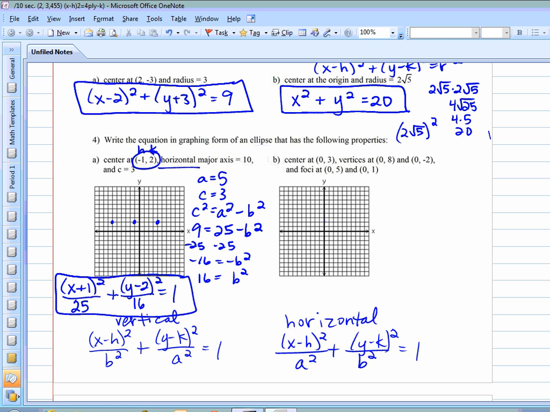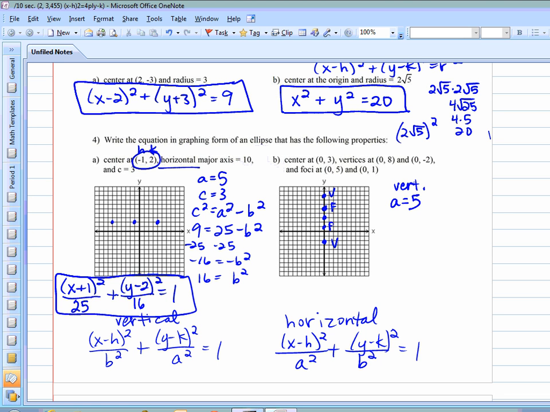This one has a center at (0, 3), vertices at (0, 8) and (0, -2). So first of all, this means it is vertical, and the a value, from the center to the vertices, is 5. And they gave us the foci at (0, 5) and (0, 1). I'll label V for vertices and F for foci.